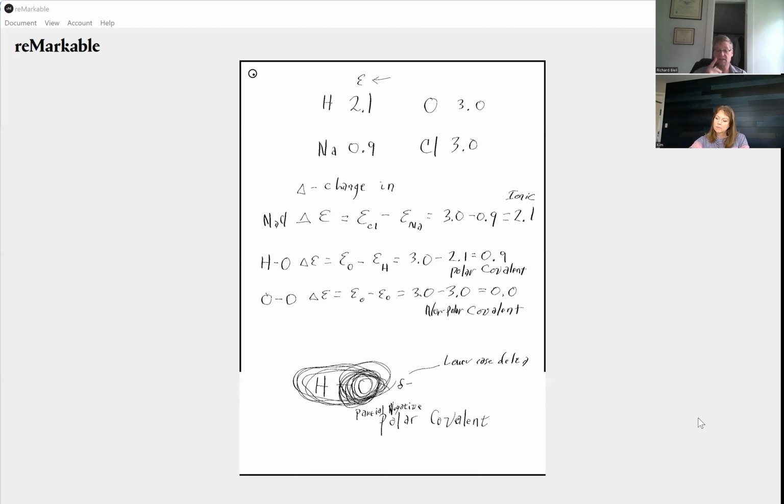This is lowercase delta. It's a partial negative charge, not because the electron's been transferred, but because it's being shared unevenly. In the world, and I've said this before, and you're going to hear me say it a lot, the world is electrically neutral. So if there's a partial negative charge on the oxygen, what has to be on the hydrogen?